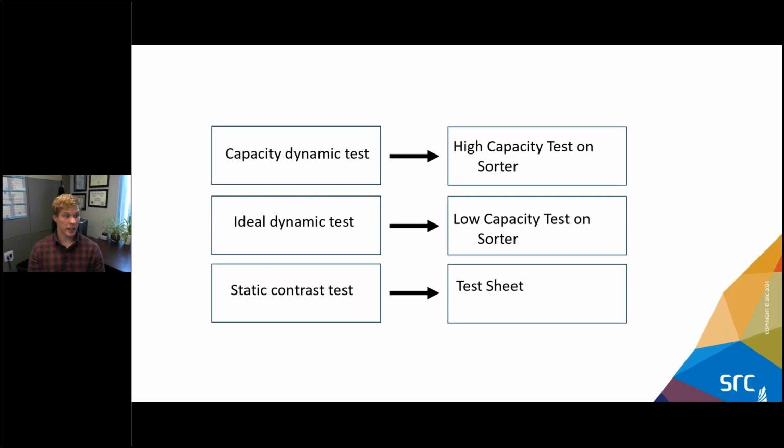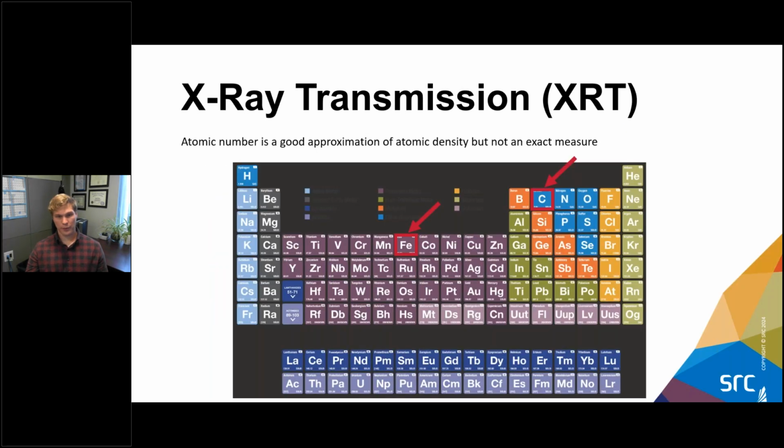But you can also do a full capacity test on a sorter just to see, if I was using this or a natural sorter, what's a close approximation of what the performance would actually be like, or at least a performance indication. I didn't talk about this too much at the start, but with pre-concentration, it's really important to understand what's going on with your ore, so you can tailor the application, whether it's gravity separation or density separation or sorting or whatever. So you can really tailor it to what you have going on and get the most efficient and effective separation.